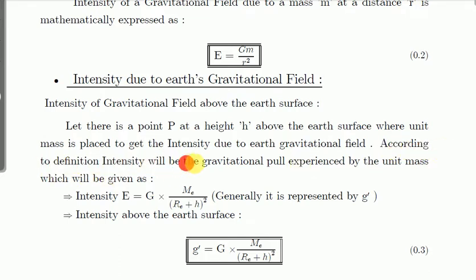According to the definition of intensity, the gravitational pull experienced by the unit mass will be given as intensity. G dash is equal to G into ME, mass of Earth, upon RE plus h whole square. Generally, it is represented by g dash.